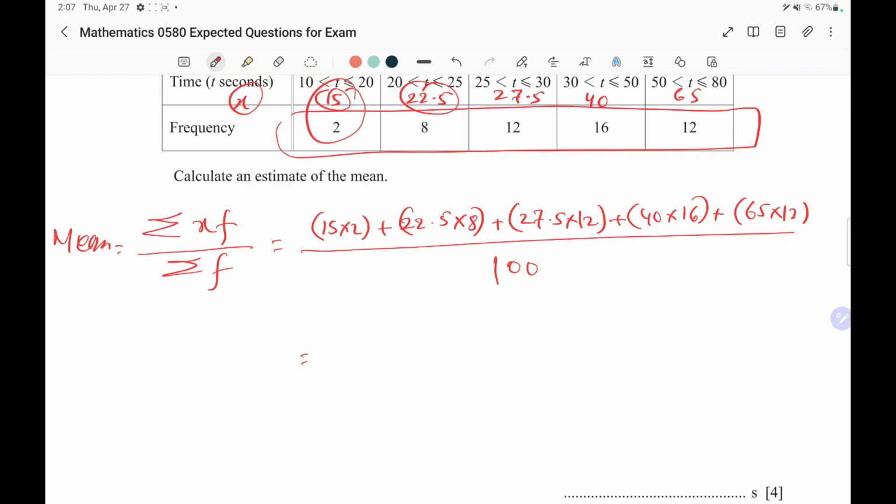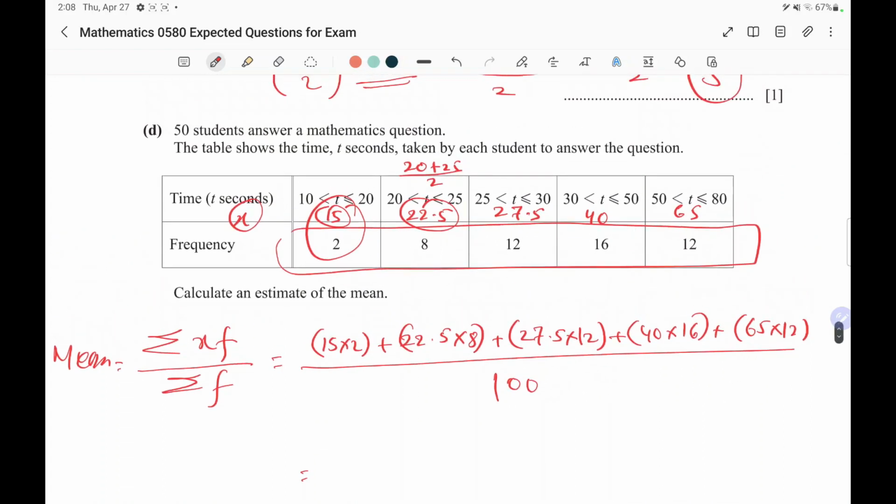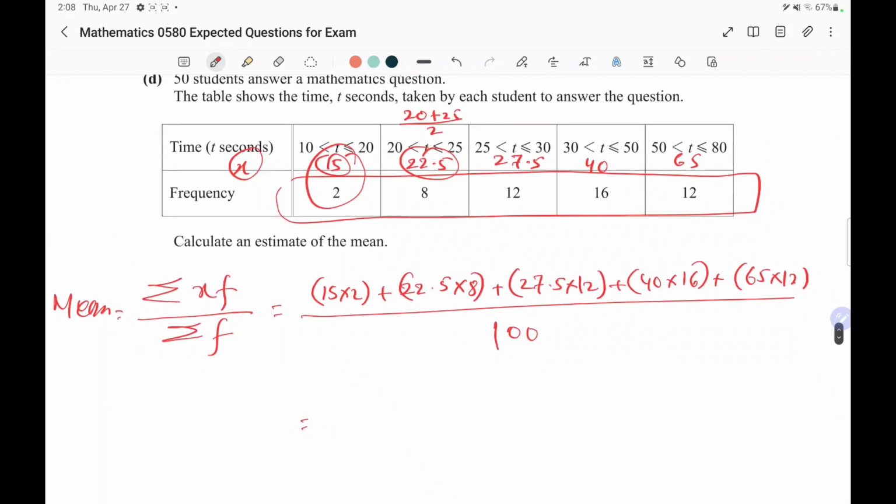Now just use the calculator. 15 times 2, that's 30, then 22.5 times 8, then 27.5 times 12, then 40 times 16, then 65 times 12 over 100. So that is 19.6 I got.